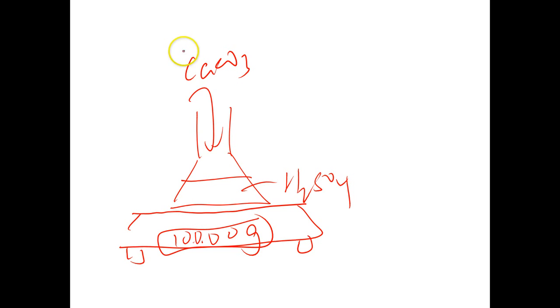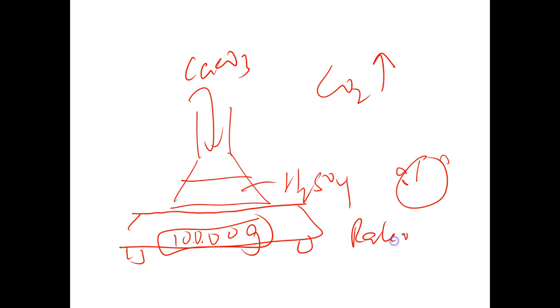As the reaction proceeds and as calcium carbonate and H2SO4 is used up and CO2 is evolved and released into the atmosphere, the mass reading will decrease. So as the mass reading decreases, we will be able to find out how fast the reaction proceeded, provided we have a stopwatch again. So rate of reaction. Rate means per unit time, and the time is measured with the stopwatch.